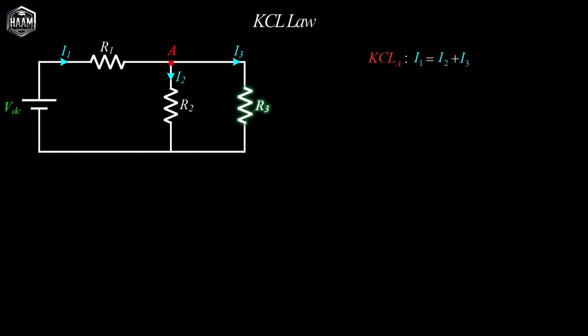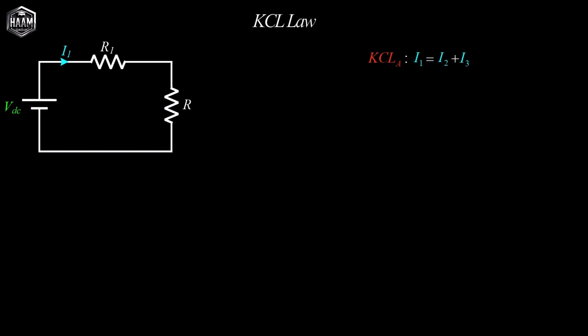We now want to verify this practically. However, we can first take our analysis a bit further. Here, R2 and R3 are in parallel. So R2 and R3 will form a single equivalent resistance, which we call R. When we substitute R in place of R2 and R3, R and R1 are in series.